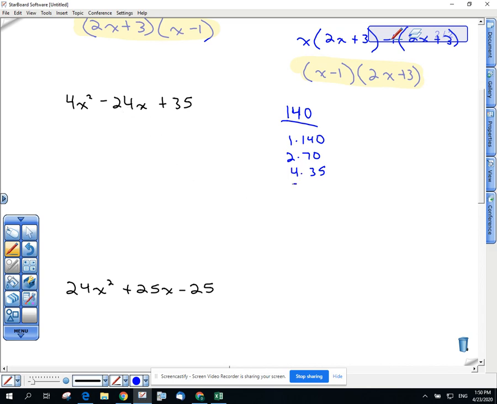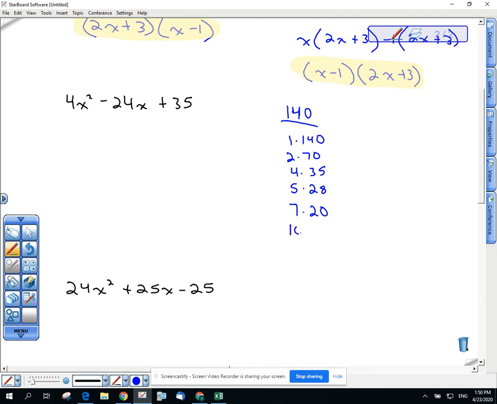Let's keep going. What about 5? 5 into 140 is 28. We're not there yet. 6 does not go into 140. What about 7? 7 and 20? Nope. 8? Nope. 9?